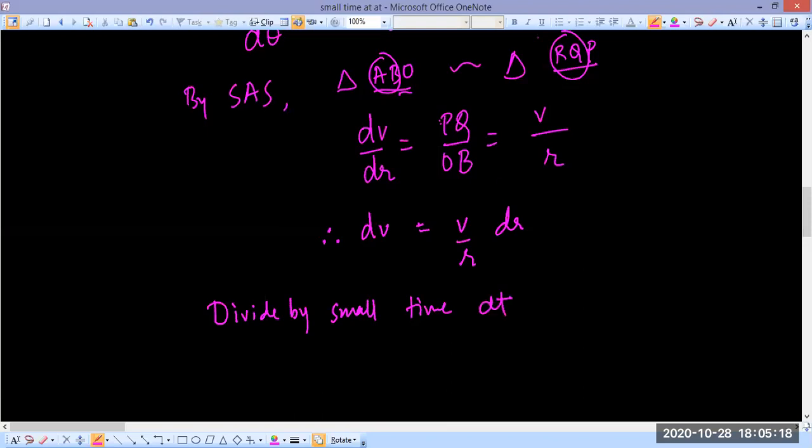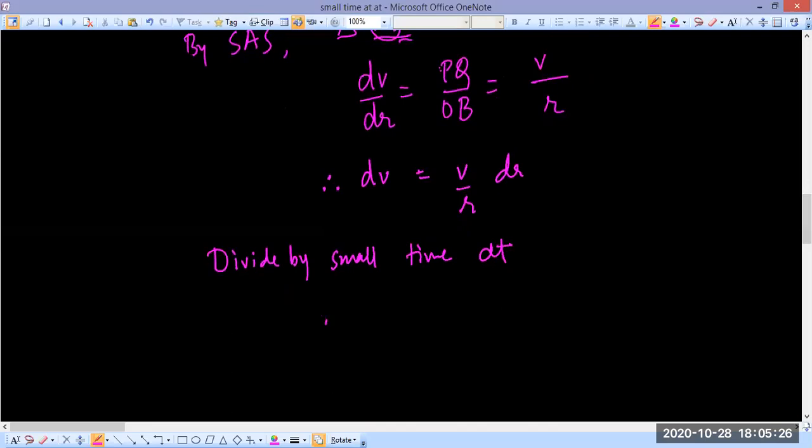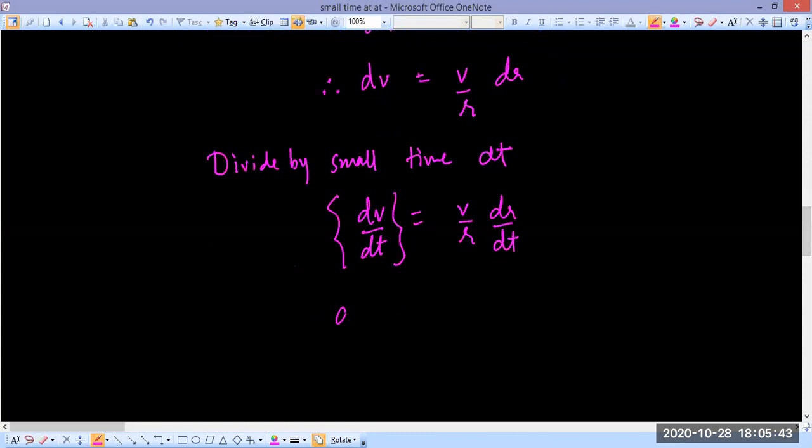This is just the last step. So we get dv by dt is equal to v by r dr by dt. So what's this? Is this acceleration?